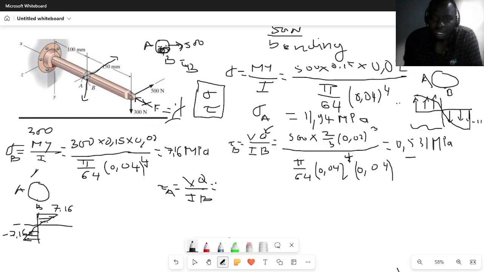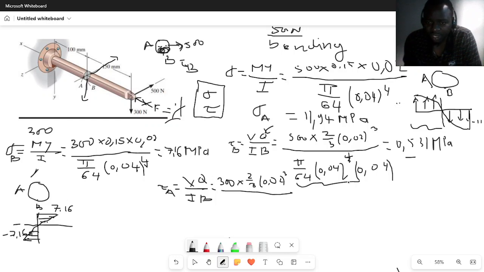Now, in this case, we have 300 times, remember it is 2 over 3 r squared, guys, it is everything that you see here, but only here you replace with 300. Let me call everything here alpha over alpha.